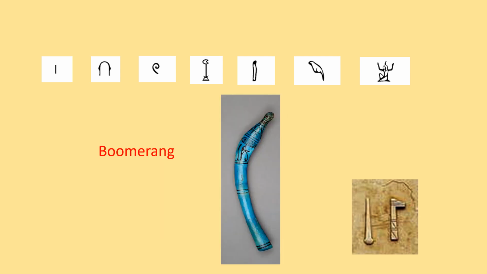The number 10,000 is usually identified as a pointed finger. I guess that's possible, but I'm going to use a boomerang for now. I may change that at some point if I'm convinced that it is a pointed finger. I haven't seen anything to confirm it either way.